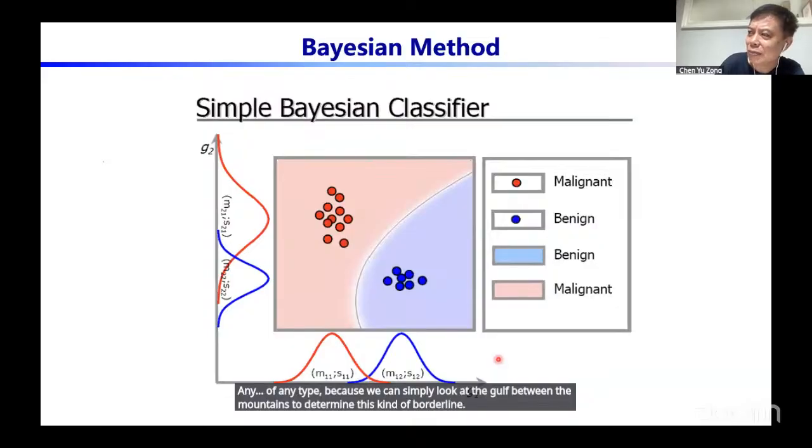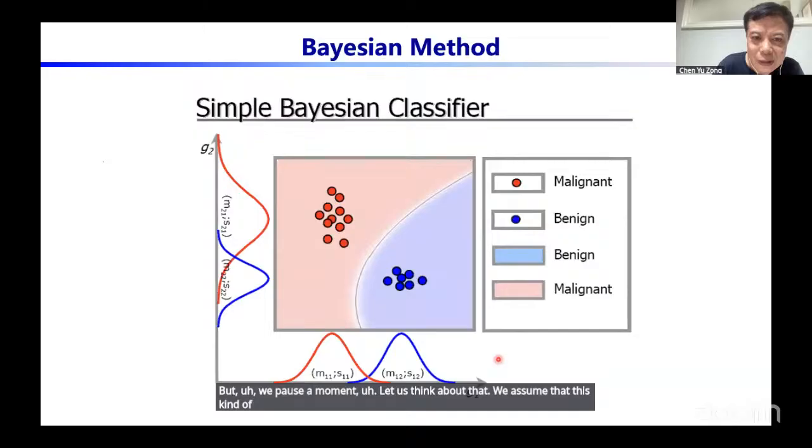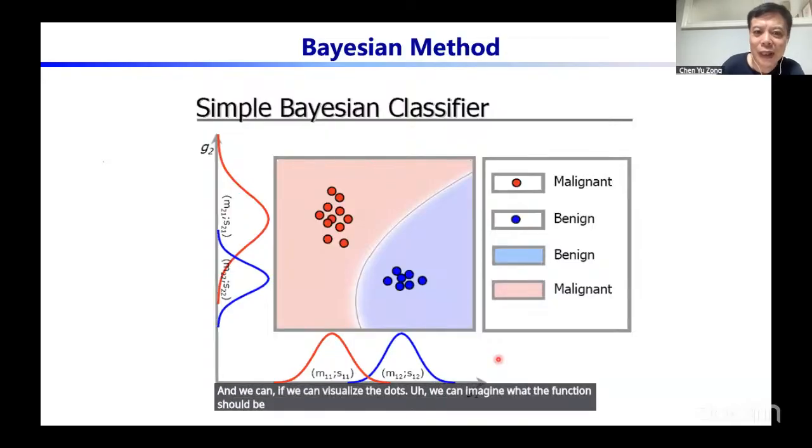But let us pause a moment and think about that. We assume that there is this kind of density distribution function, right? And if we can visualize the dots, we can imagine what the function should be. That means there are certain regions that belong to the higher ground, higher height.